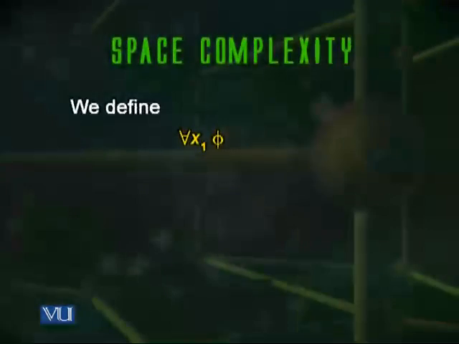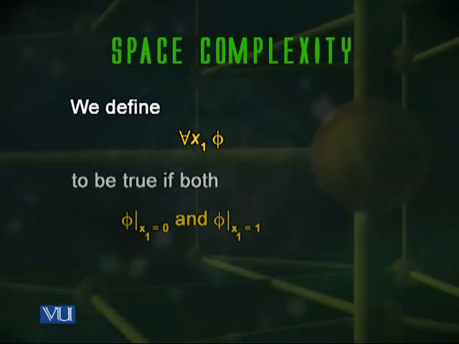Now let's continue with our definition. We define for all x1 phi to be true if both of these formulas are true. So this is an inductive definition. We assume that we have defined what it means for a formula to be true on n-1 variables, and I'm giving you the definition for n variables.